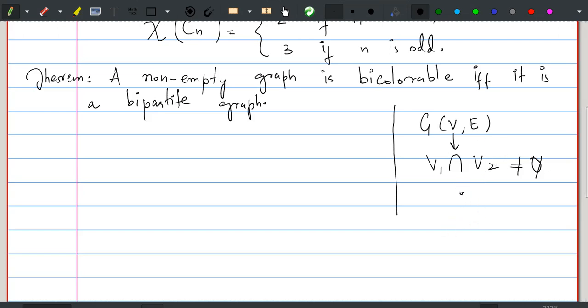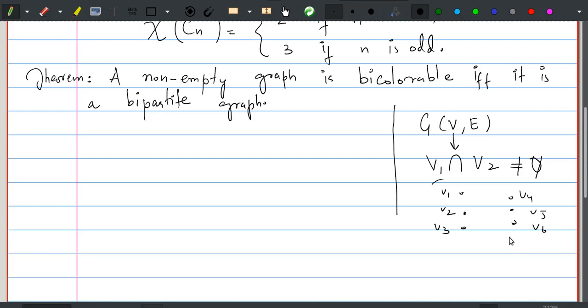Let us give an example here. Suppose we have a graph G on 6 vertices. These are the vertices V1, V2, V3, V4, V5 and V6. Here this is a set V1, this is a set V2. They have to be independent. I mean there is no edge between the vertices V1, V2 and V3, and no edge between the vertices V4, V5 and V6.